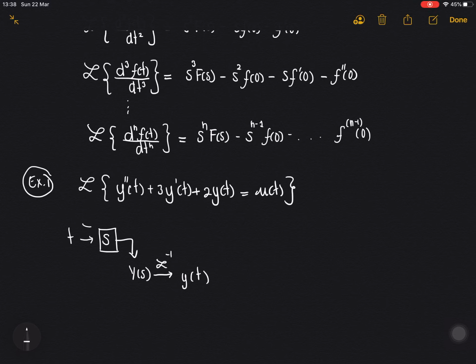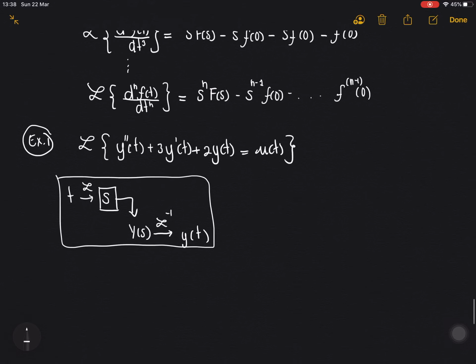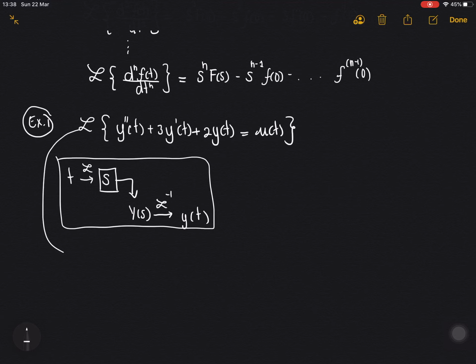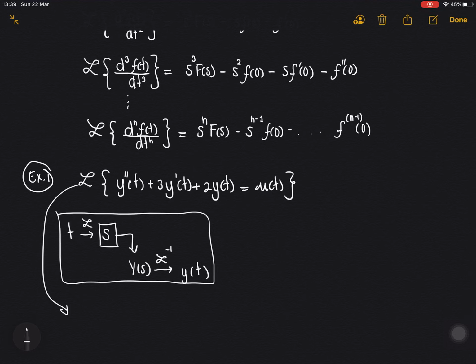So in the first step here, we apply the Laplace transform, that is the step of applying the differentiation onto those functions.